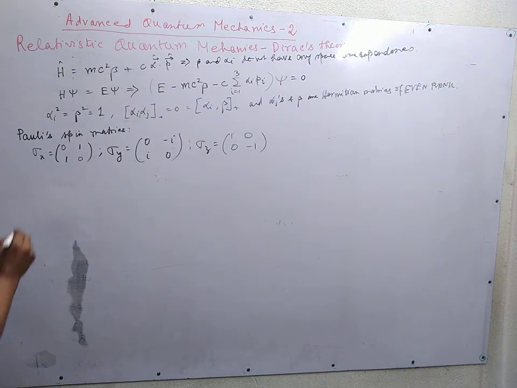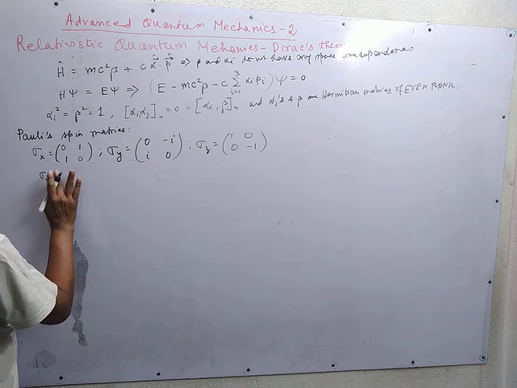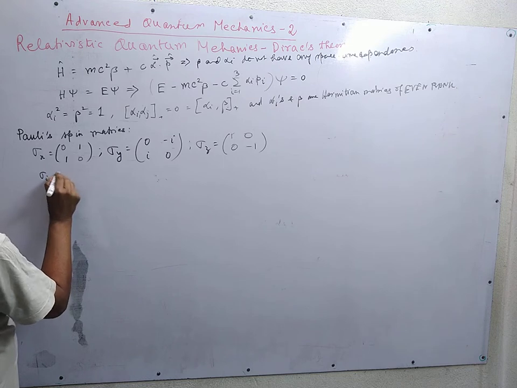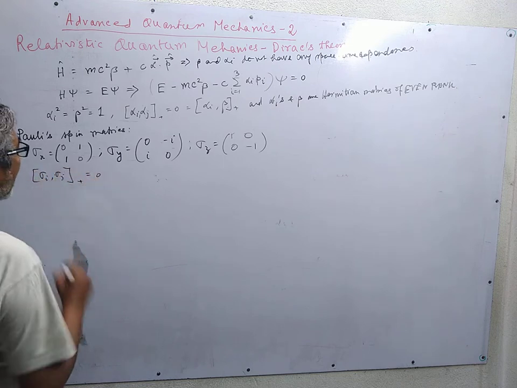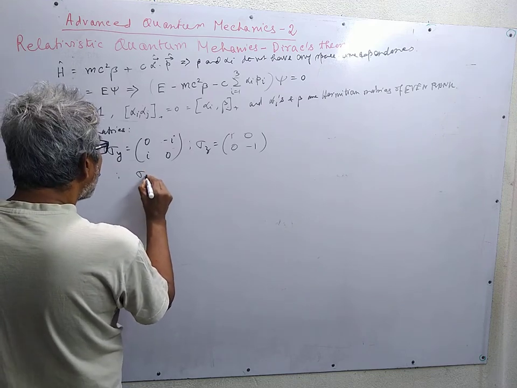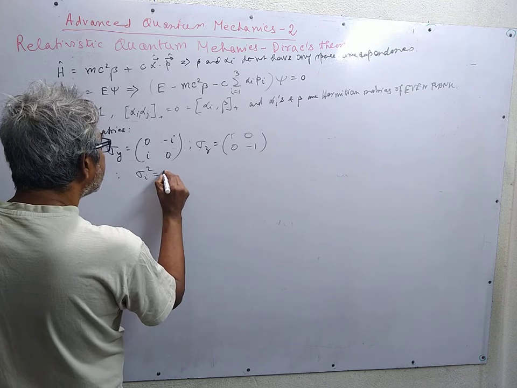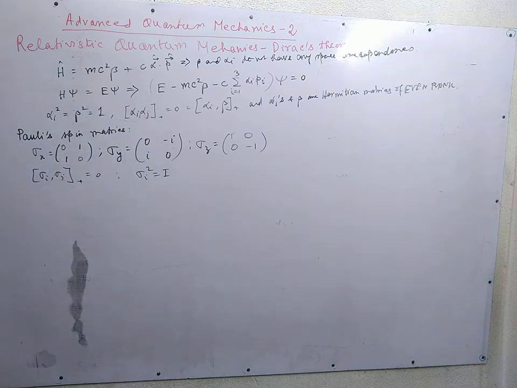They have the property that sigma i and sigma j anti-commute in pairs, and furthermore that sigma i squared is the identity matrix. So the basic requirement that we were facing with alpha i's and beta is met by the Pauli spin matrices.